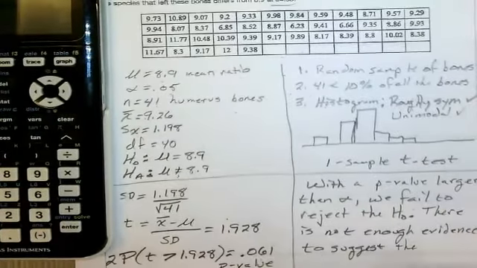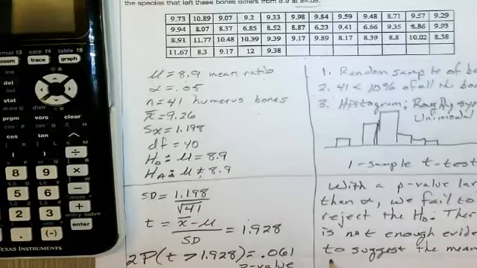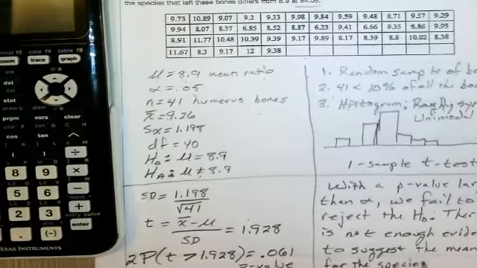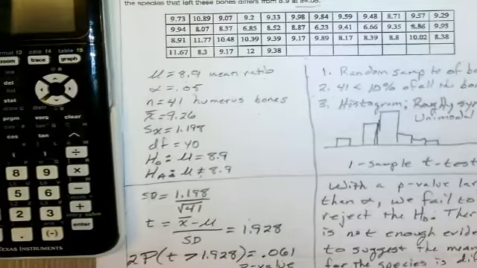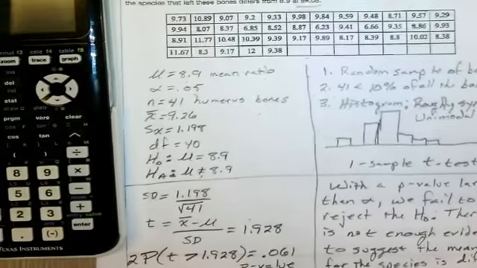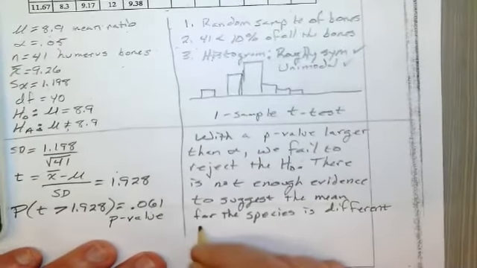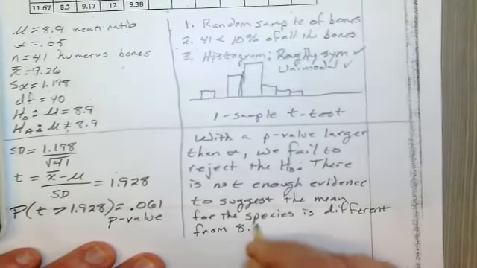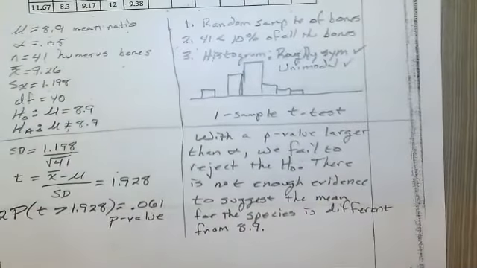There's not enough evidence to suggest the mean for the species is different from 8.9. Okay, so that's that side.